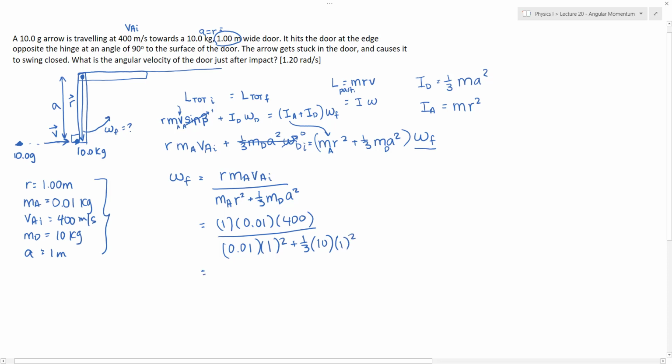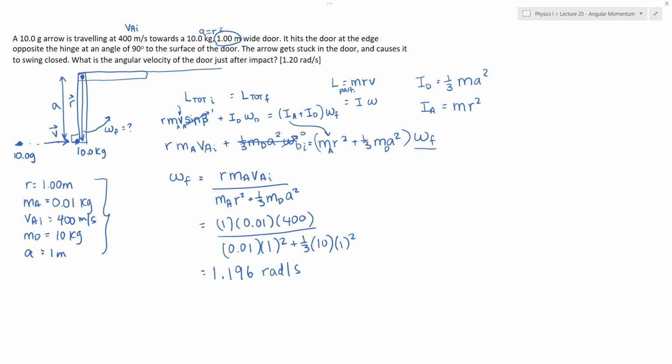So type this all up with me. And I get 1.196 radians per second. Everything was in SI units, so our units for omega should be in SI units, radians per second.